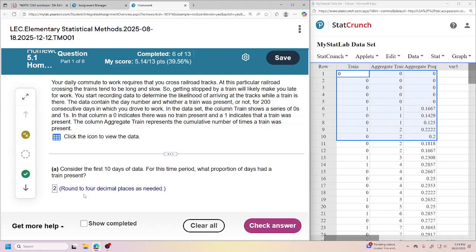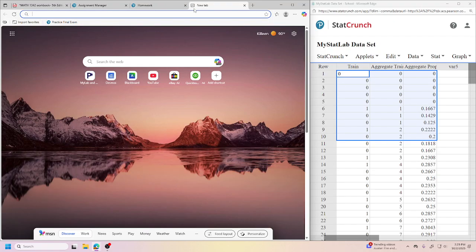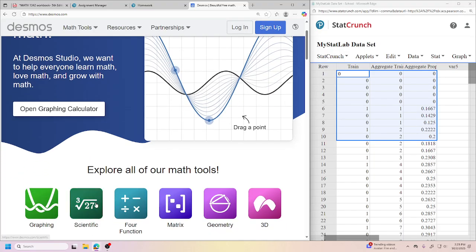Consider, what's the... Oh, the proportion of days. Oh, we had 2 trains out of, I have selected 2, out of a total of 10. So, silly Chad, let's try that again. Yes, exactly.